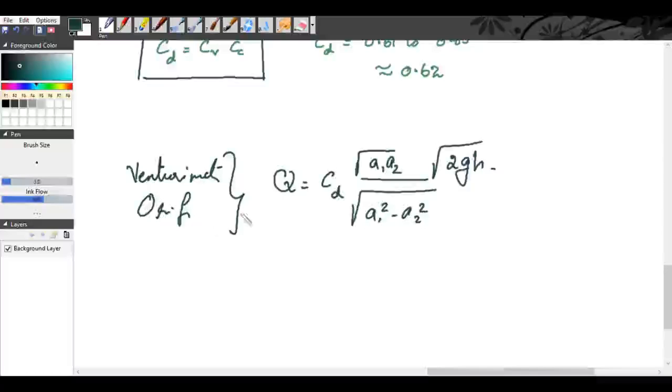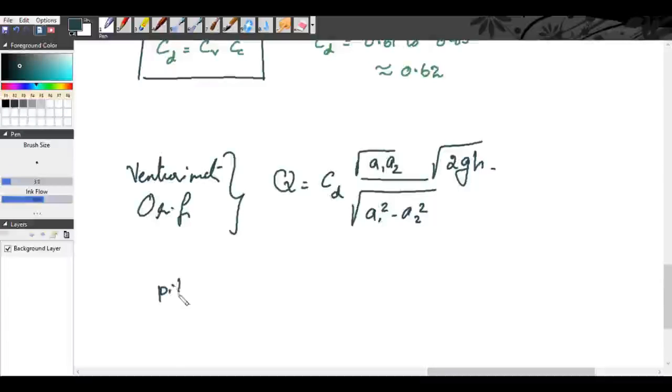See, for the orifice, this A2 is represented by Ao, the area of the orifice. For the Venturi meter, A1 is the area of the pipe, that is the area of the inlet, and A2 is the area of the throat. For the orifice, A1 is the area of the inlet and Ao is the area of the orifice.